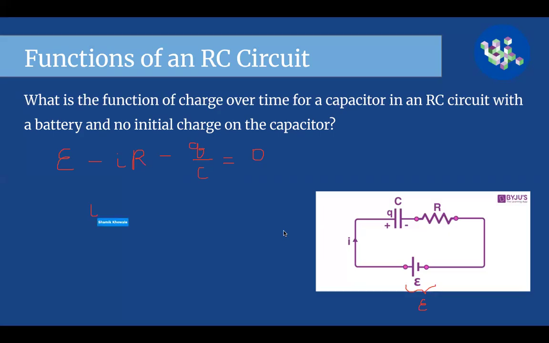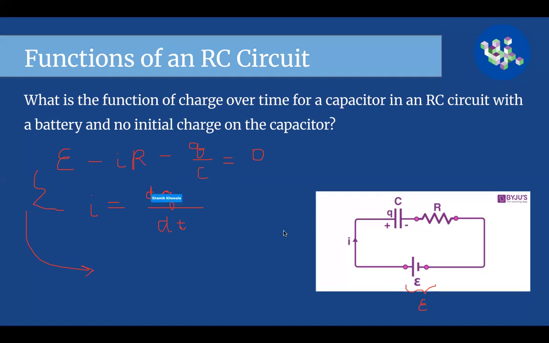And we know that I equals dq/dt. So combining these, we can obtain a function for q.